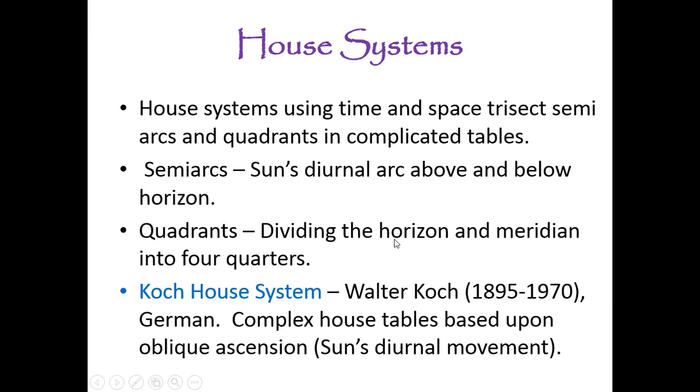Now, most of your major house systems, the horizontal axis, the ascendant, descendant, first house, seventh house cusps are going to be identical. And in most of the house systems, the vertical axis, the midheaven, nadir, 10th house, fourth house cusp, they're going to be identical. Where the majority of house systems differ is in the intermediate houses, the second house, third house cusp, the fifth and sixth house cusp, eighth and ninth, 11th and 12th.